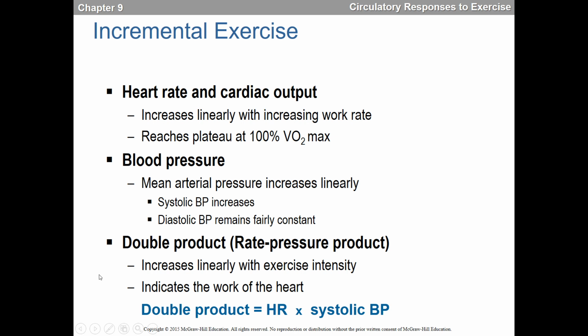Now in another class I talk about this more, I just want to talk about it really quick. There's something called a double product or rate pressure product, frequently shown as RPP. All that this is, is the multiplication or product of heart rate and systolic blood pressure.